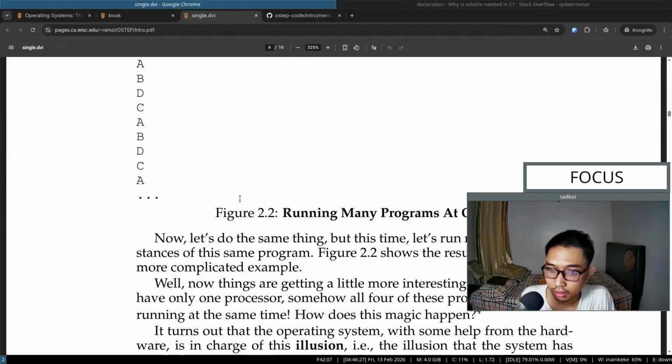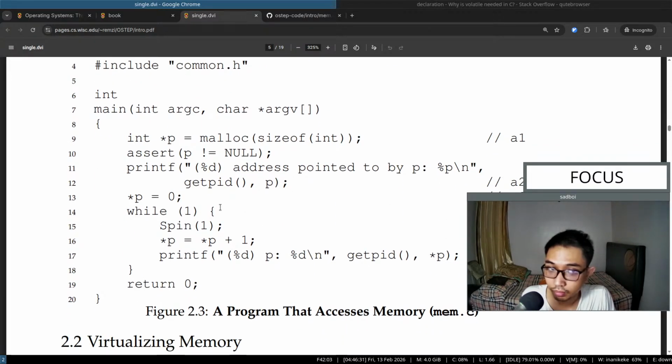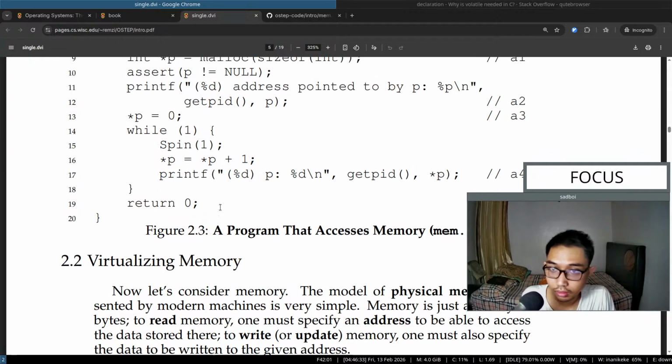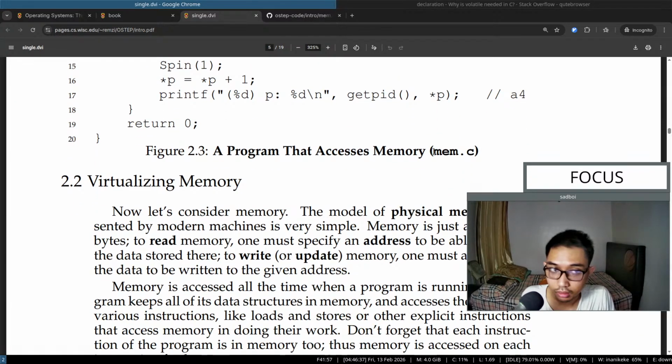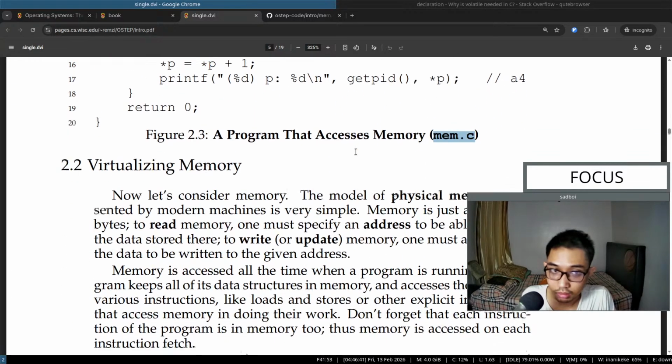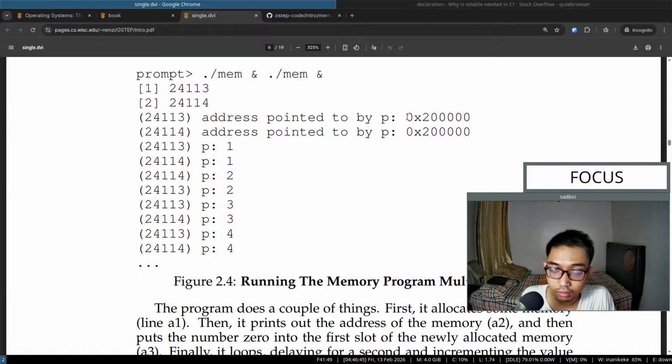And then this one, the memory one, mem.c. It can be used... wait, what is it called?